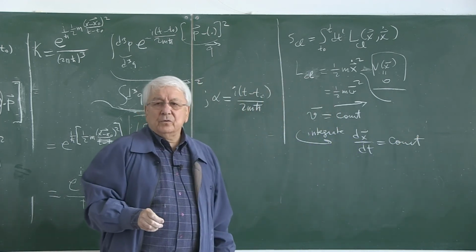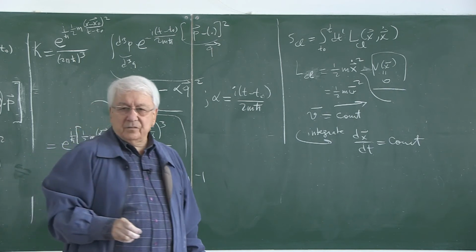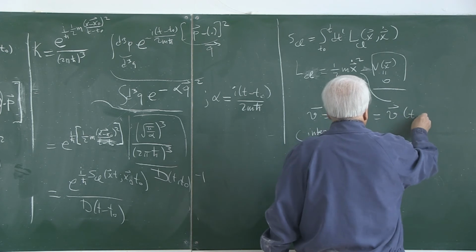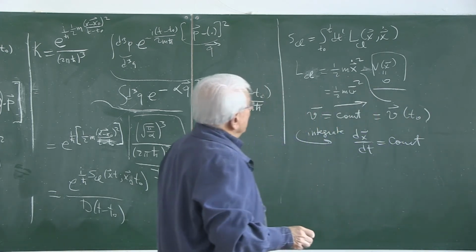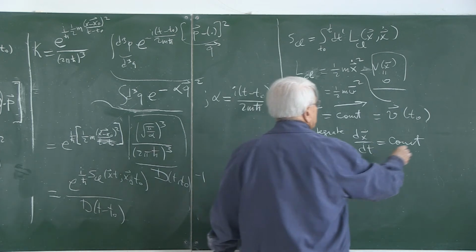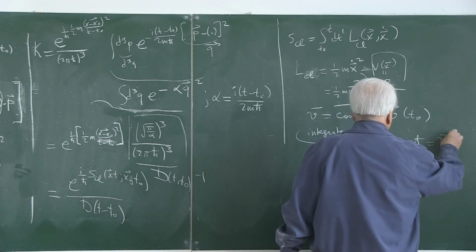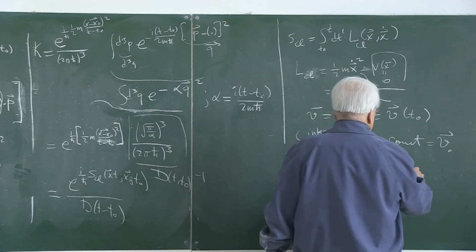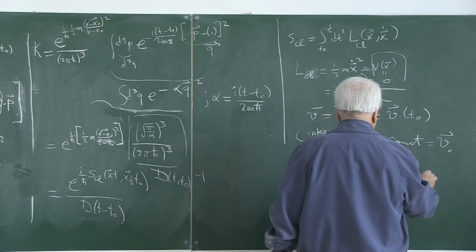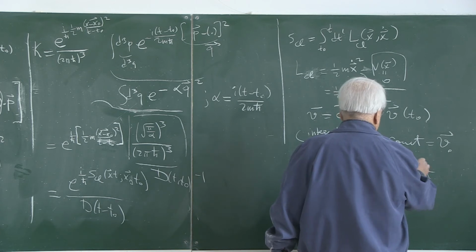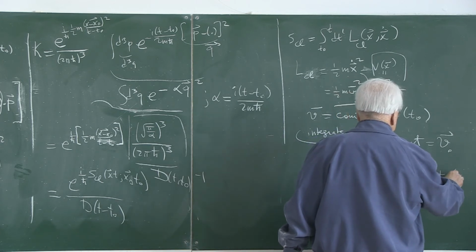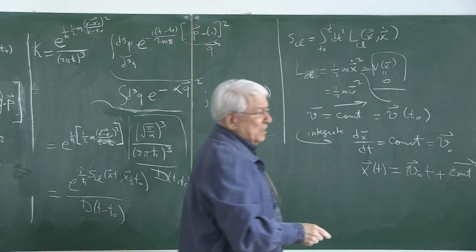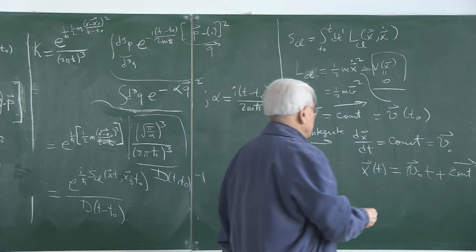What is the constant value? The constant value is the value at t0. So you get x of t is v0 t, plus another constant. That constant is obtained by setting t equals 0. That gives you the x0.